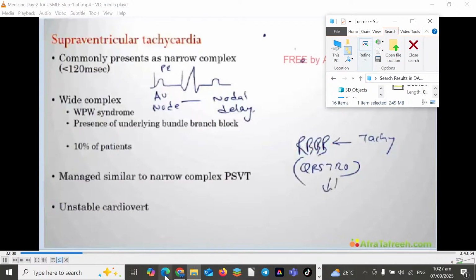So this would be a wide complex tachycardia, may it be right bundle or left bundle. So these are other examples of when a supraventricular rhythm can result in a broad complex tachycardia. Is the point of the PR interval and how wide and narrow complexes are formed on the EKG clear to everyone?